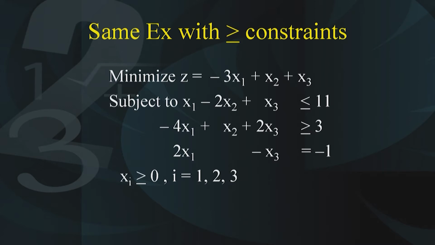The third constraint is twice x1 minus x3 is equal to minus 1, and all the 3 variables x1, x2 and x3 should be greater than or equal to 0. So, this is the same example as we had done in the previous lecture.